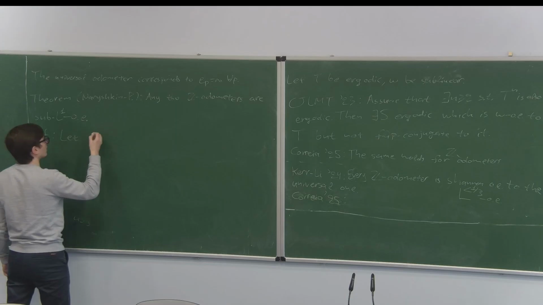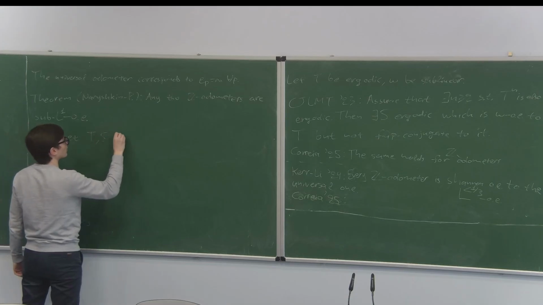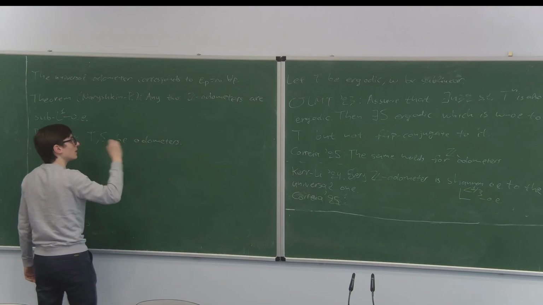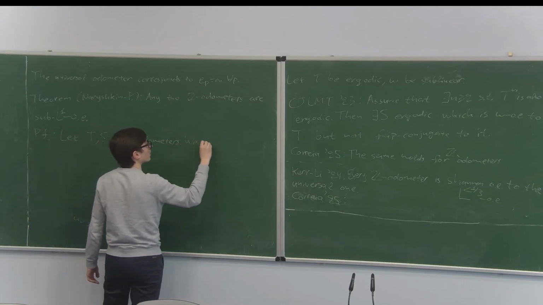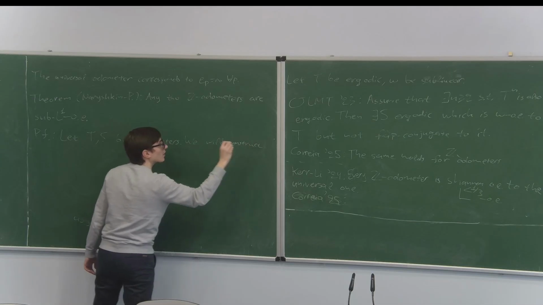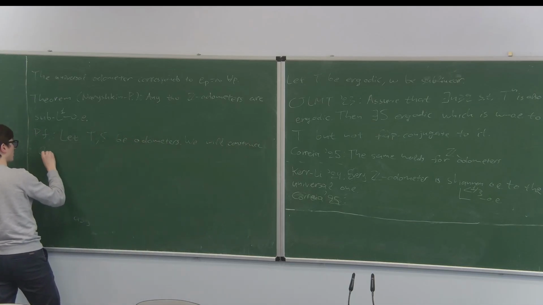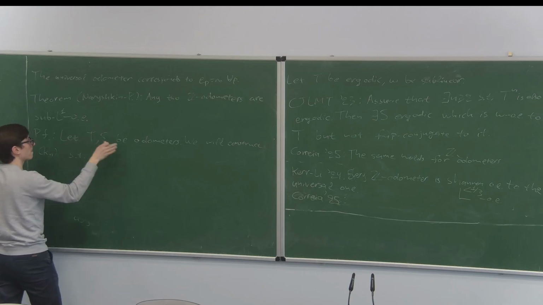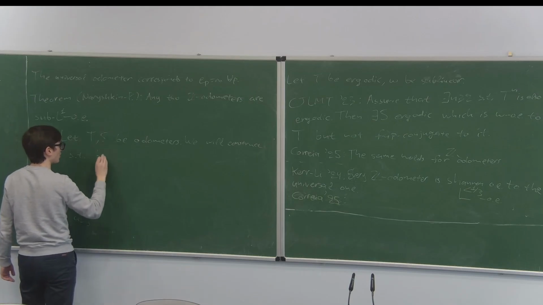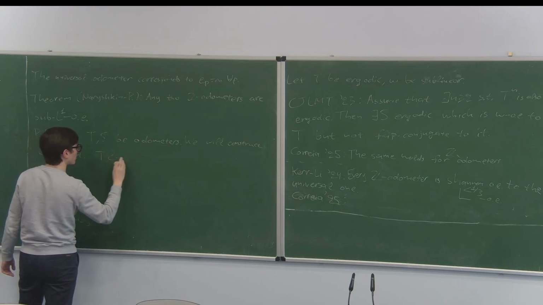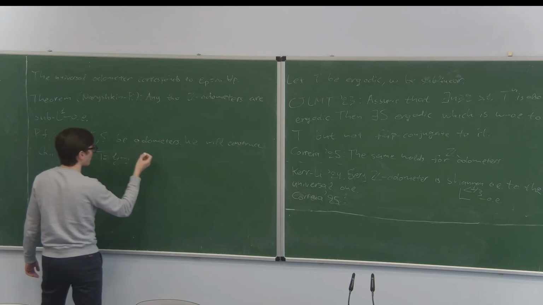Let T, S be odometers. We will construct some sequence k_n such that T should be the inverse limit of, let's say, the even ones.